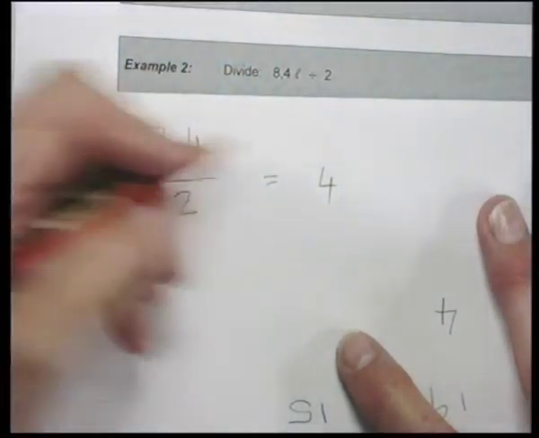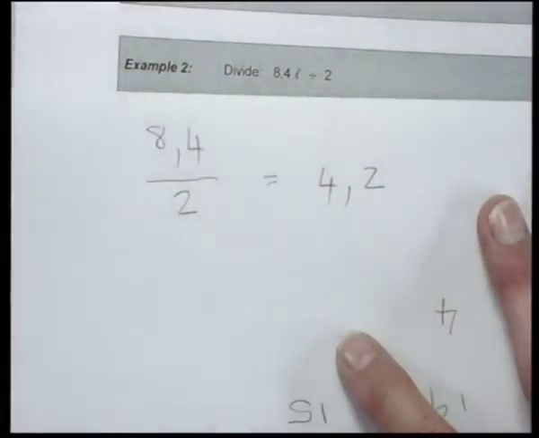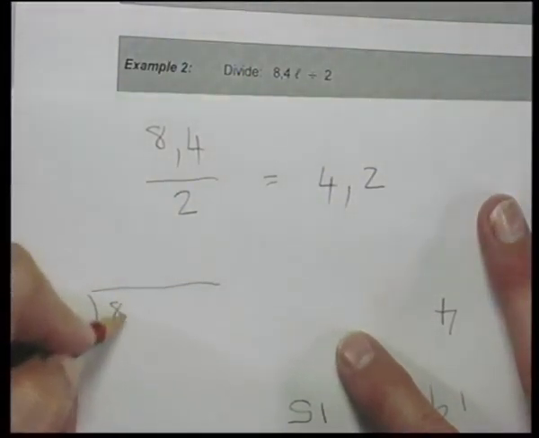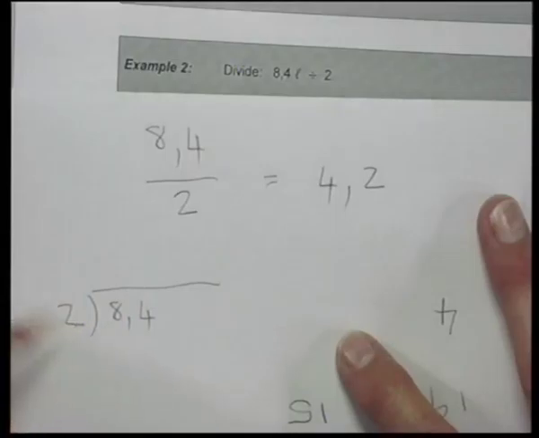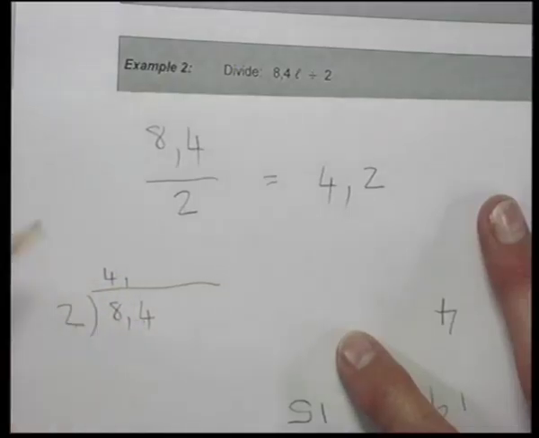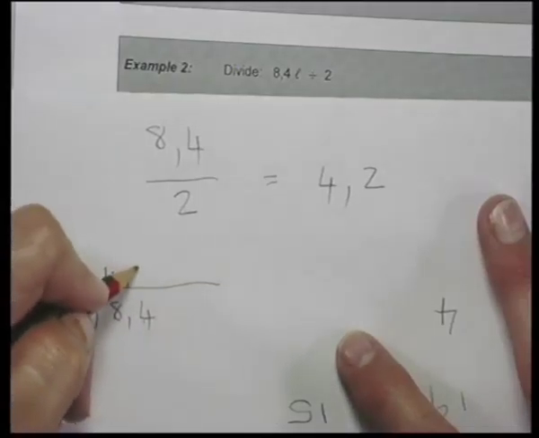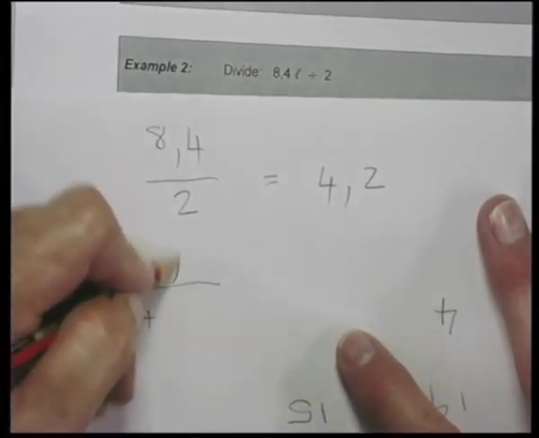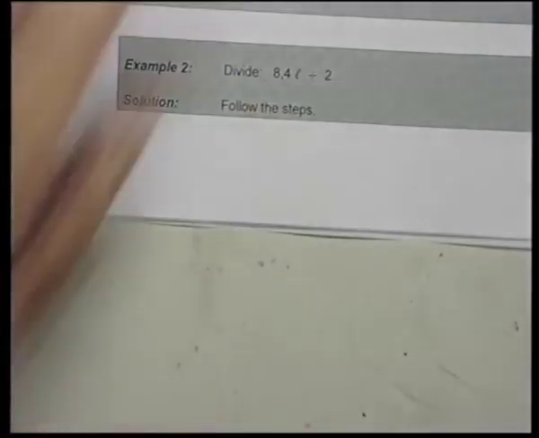And 2 divided into 4, that is 2. Or, normally they do it like this, 8,4 divide 2. 2 divides into 8 4 times, put your comma. 2 divides into 4 twice, 4,2. Right. And that was in liters, so remember your unit there as well.